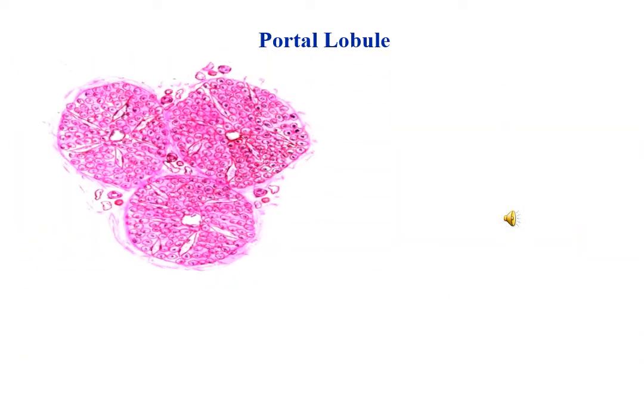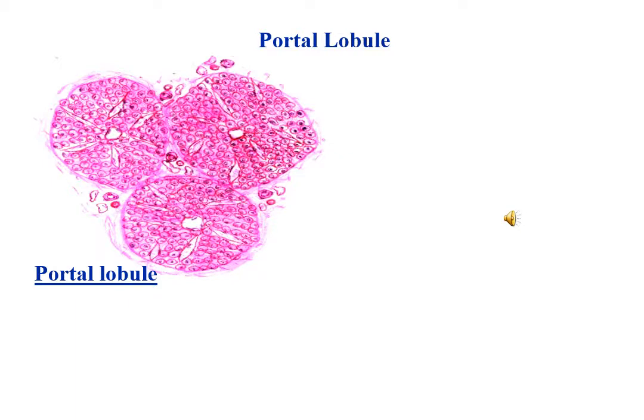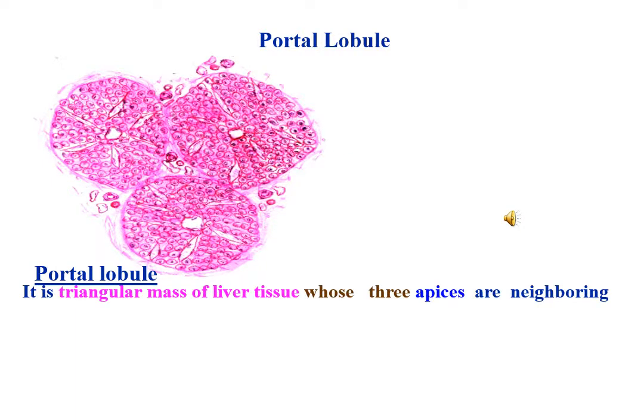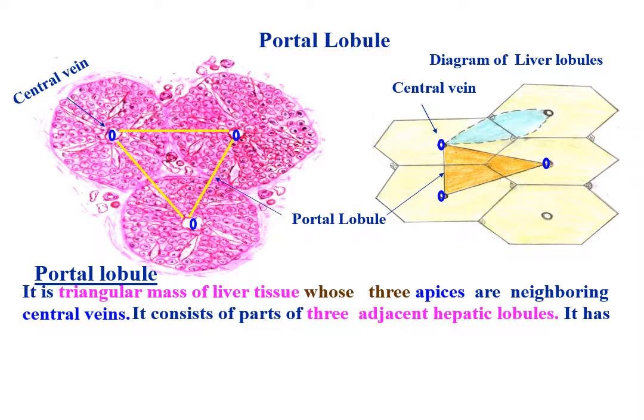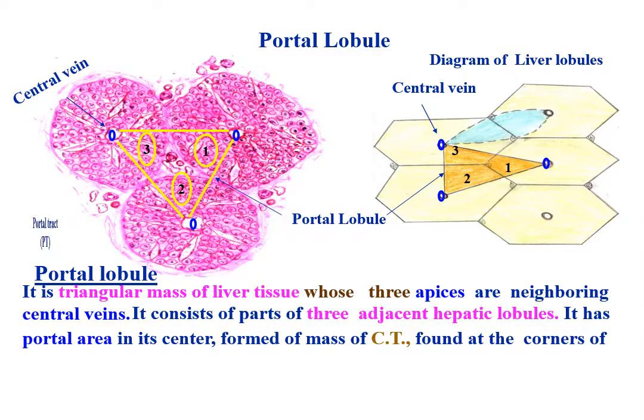Portal lobule is a triangular mass of liver tissue whose three apices are neighboring central veins. It consists of parts of three adjacent hepatic lobules. It has the portal area in its center, formed of masses of connective tissue found at the corners of three hepatic lobules.